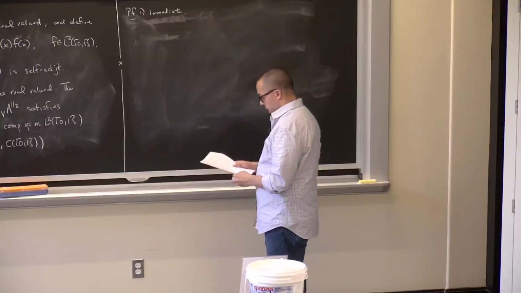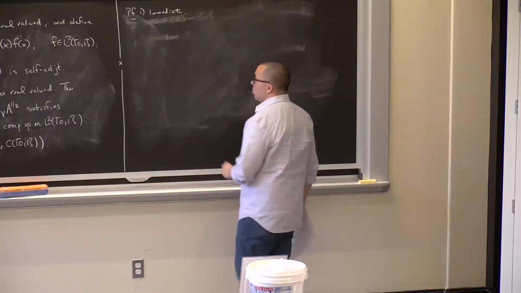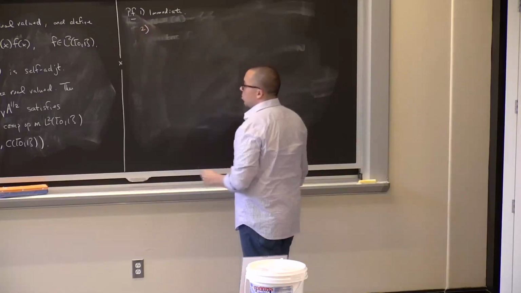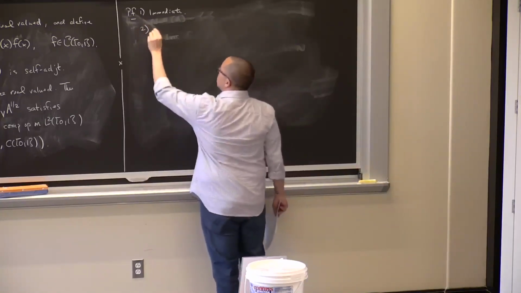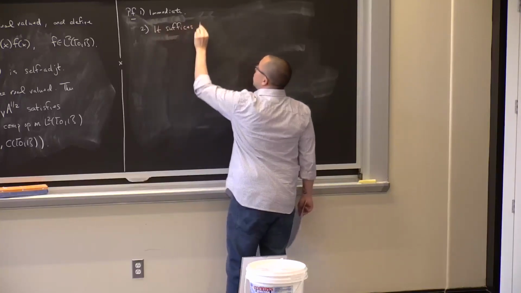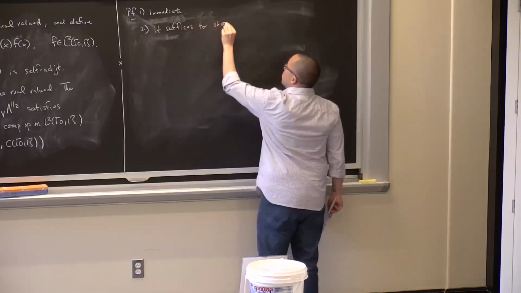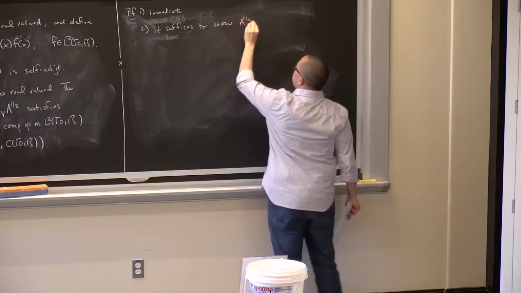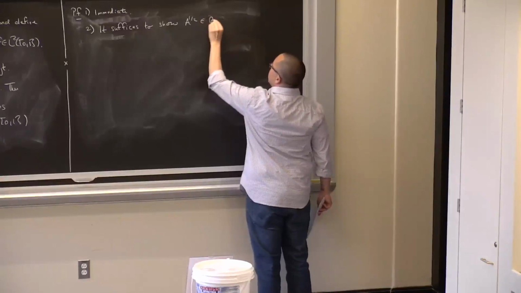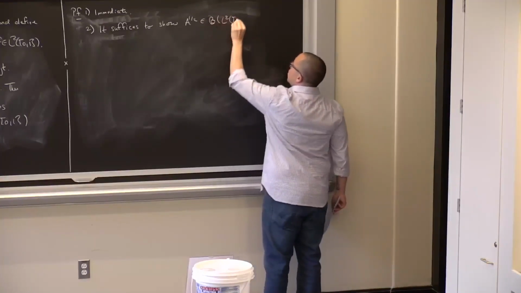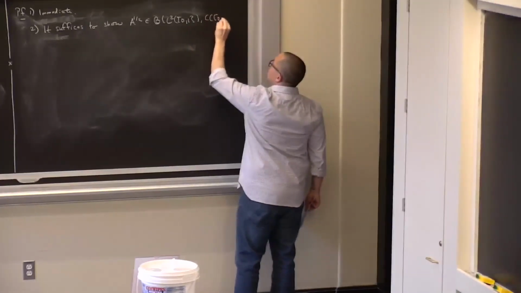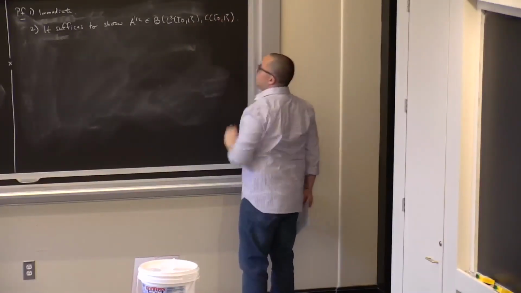Why is this a bounded operator from L2 to continuous functions? Well, it suffices to show that this A to the 1/2 is a bounded operator from L2 to continuous functions.